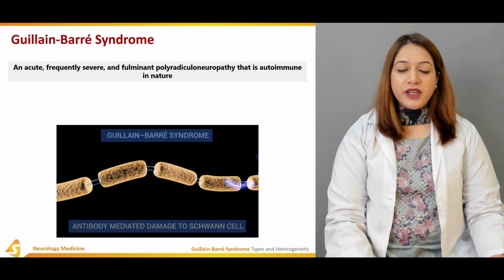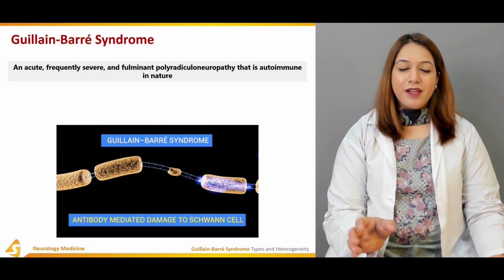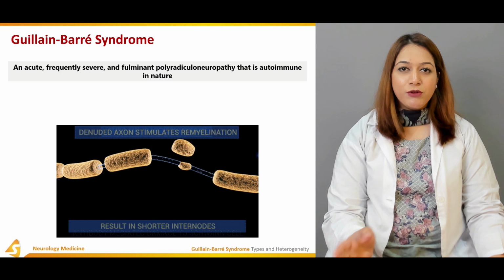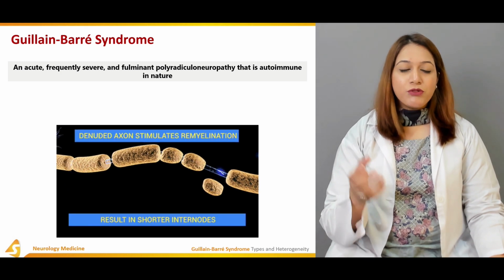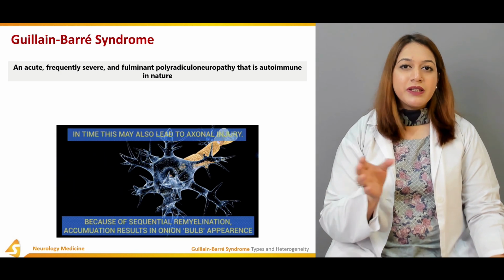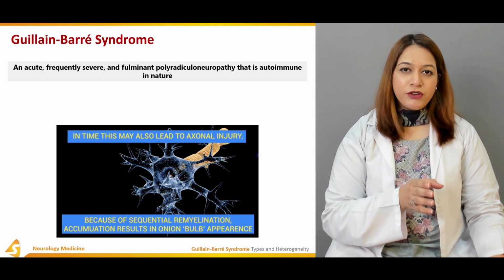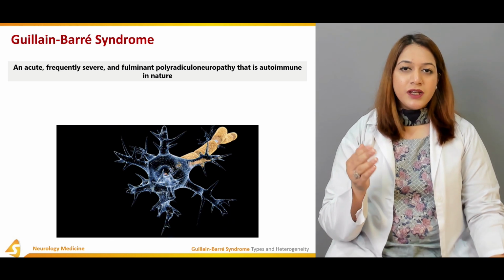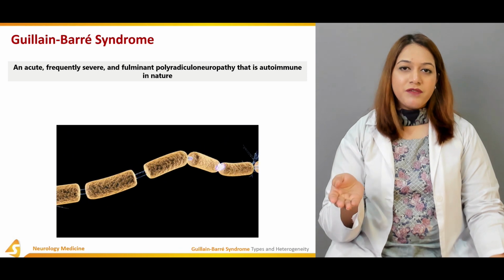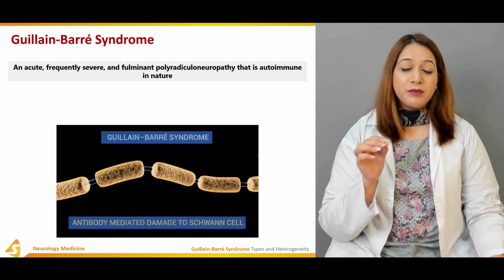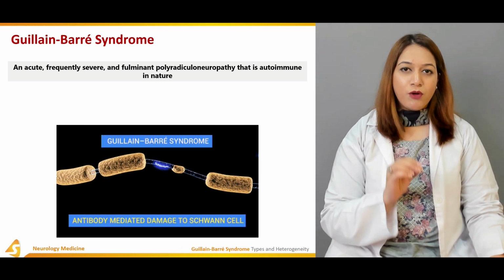GB syndrome is an acute, frequently severe, and fulminant polyradiculoneuropathy that is autoimmune in nature. It is basically the same thing as I have already told you: a rapid onset muscle weakness that is damaging the peripheral nervous system of the body.